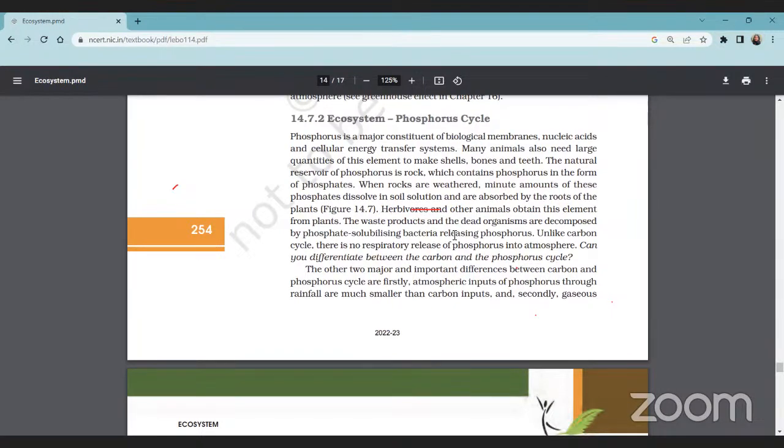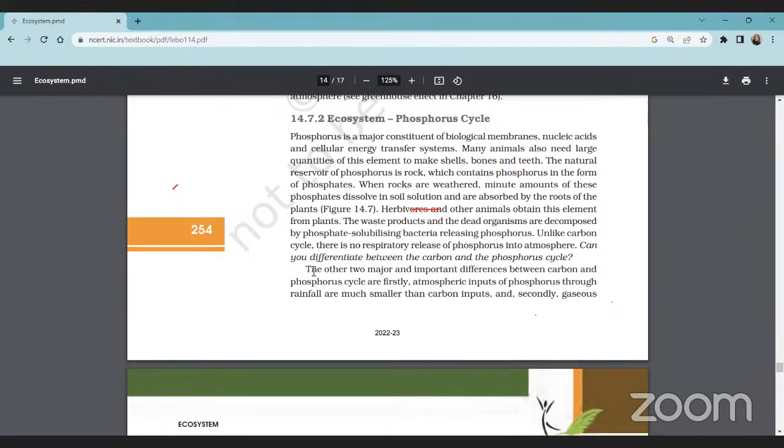The waste products and dead organisms are decomposed by phosphate solubilizing bacteria, which release phosphorus. In the phosphorus cycle, unlike the carbon cycle, there is no respiratory release of phosphorus. Phosphorus does not participate in respiration, whereas carbon dioxide is formed as a waste material after respiration.